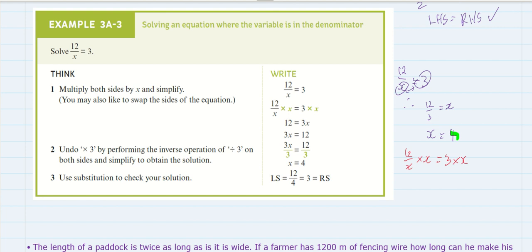So 12 over x times x equals 12, and 3 times x, 3x, we're left with now. And then we can divide both sides by 3, and those two cancel each other out, and 4 equals x. And yes, we do know that the left-hand side equals the right-hand side.